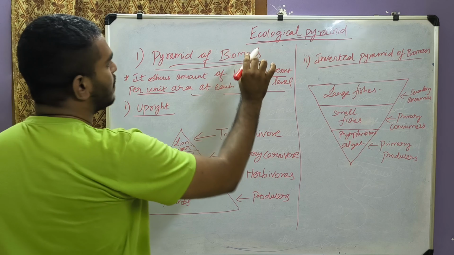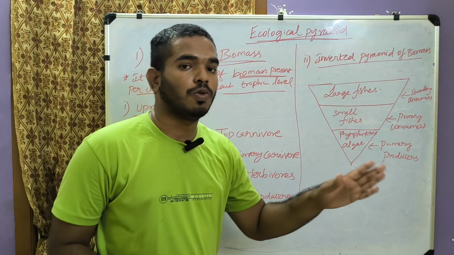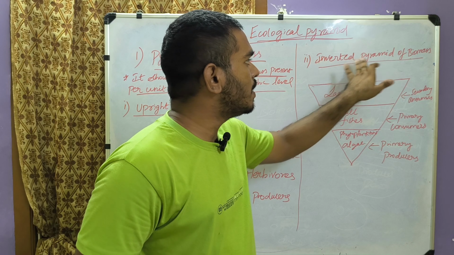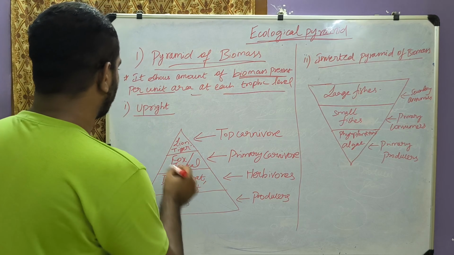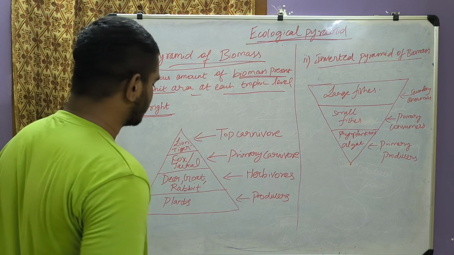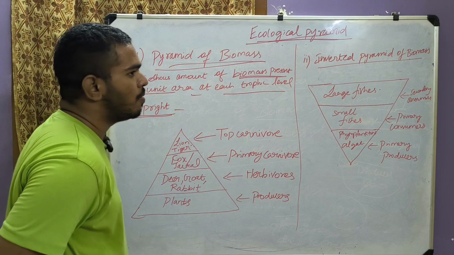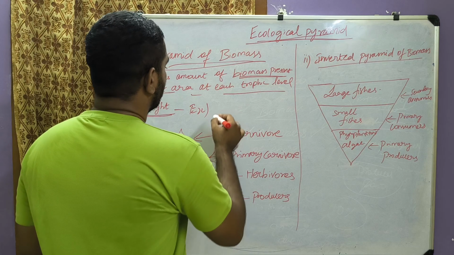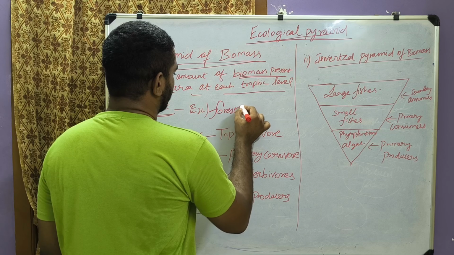This pyramid of biomass is divided into two classifications: the upright pyramid of biomass and the inverted pyramid of biomass. First, the upright pyramid of biomass. This is an example for a forest or grassland ecosystem.